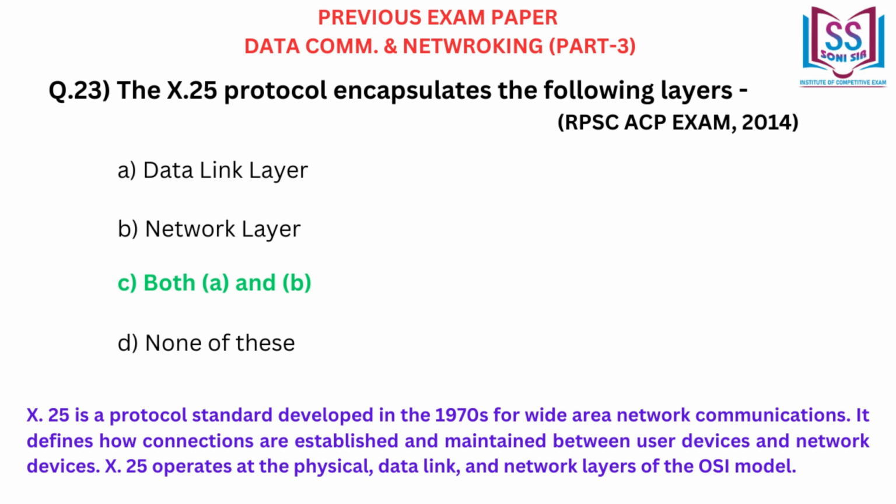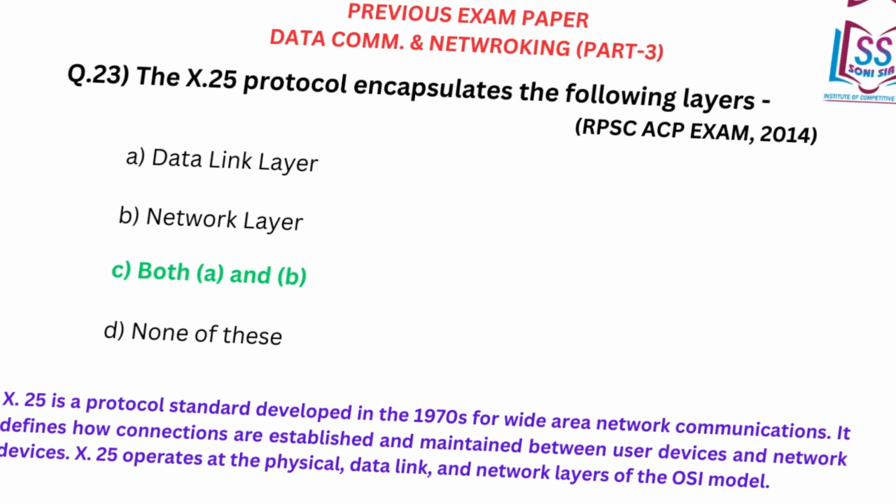It defines how connections are established and maintained between user devices and network devices. X.25 operates at the physical, data link, and network layers of the OSI model.